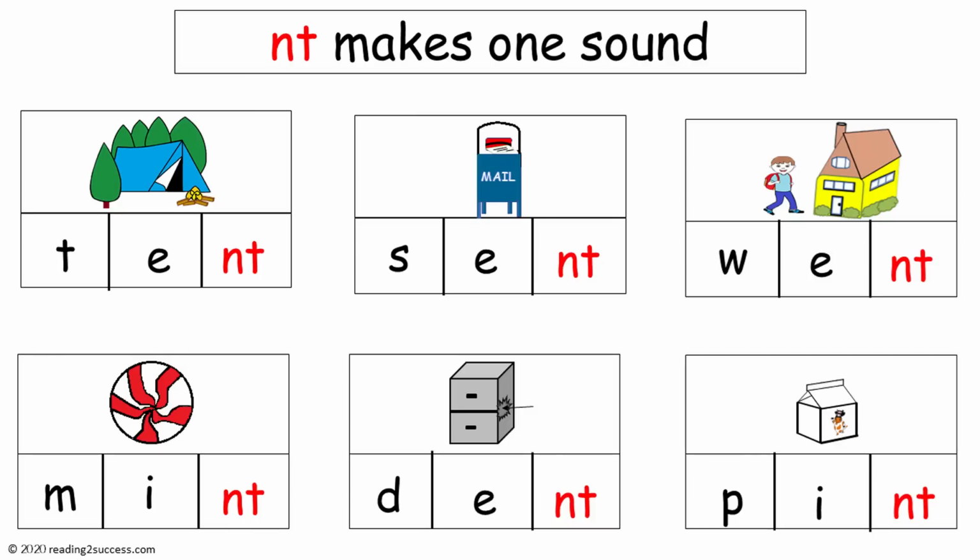Now introduce kids to our second ending digraph. The two letters that come together are N, T, and you hear them at the end of tent, sent, went, mint, dent, and pint.